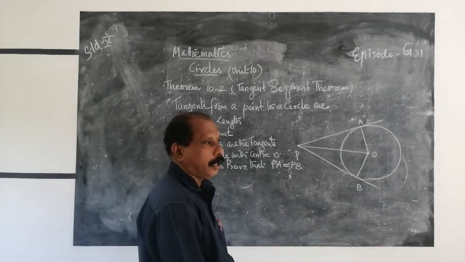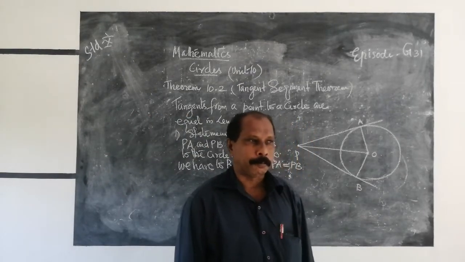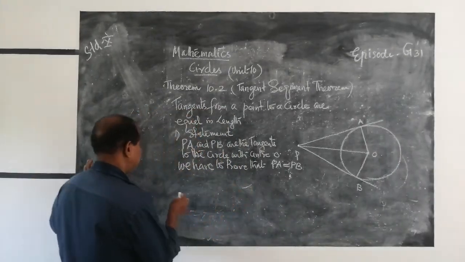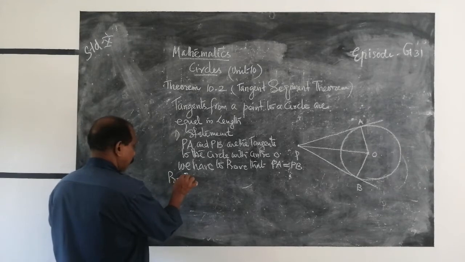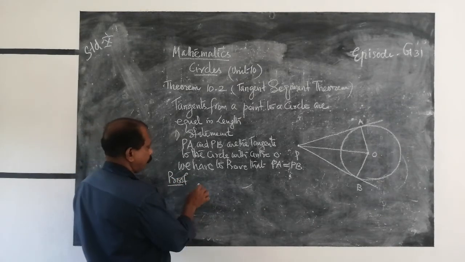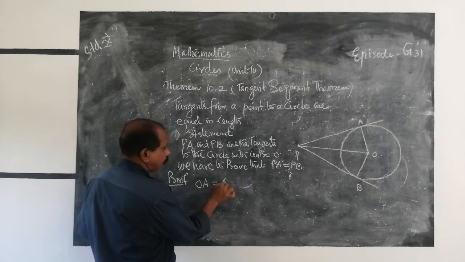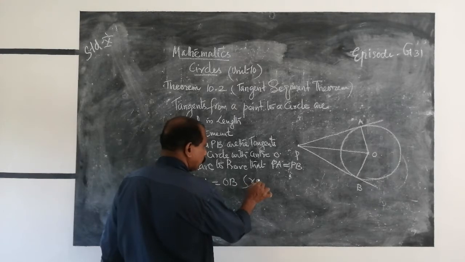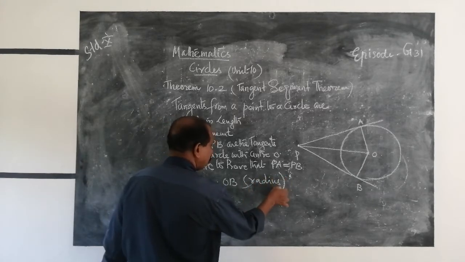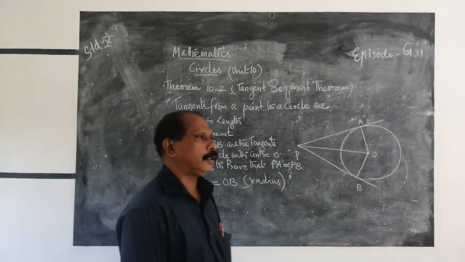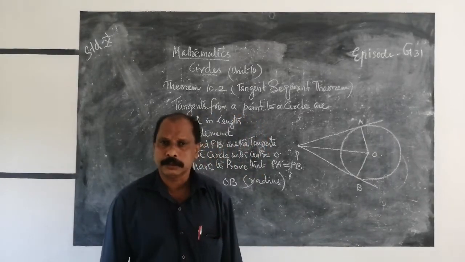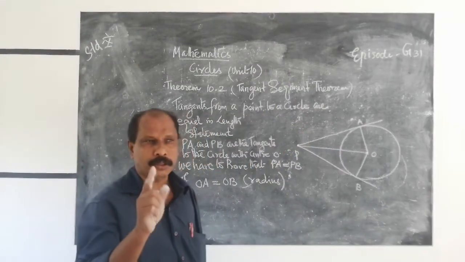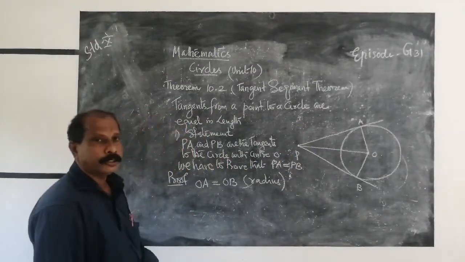We know that any radius is perpendicular to the tangent at the point of tangency. That is the proof. OA is equal to OB. What is the reason? Radius segments of the same circle are equal. Therefore, OA is equal to OB.